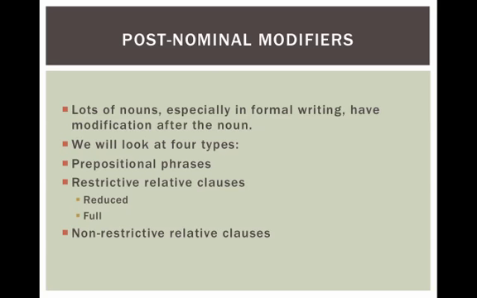Whether a relative clause is restrictive or non-restrictive depends on whether the relative clause is essential to establish what the noun phrase identifies. We'll see some examples. But basically, is it essential or is it extra information is the question you need to be asking yourself. Then the difference between reduced and full is, does it have an auxiliary verb? So pretty easy.